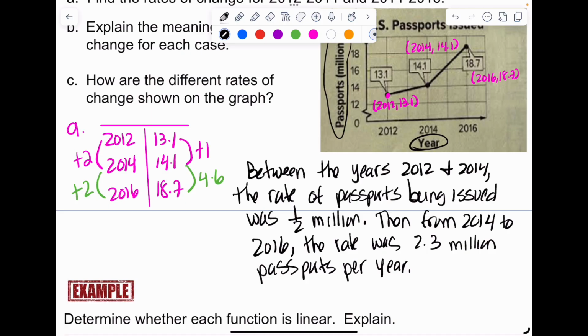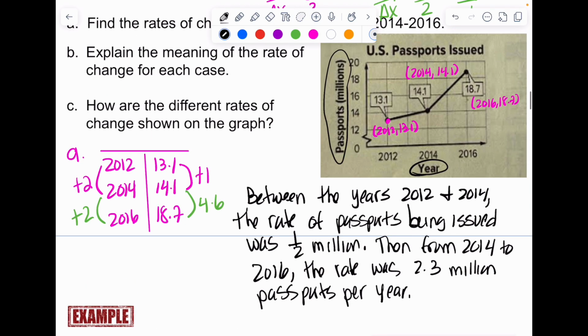Again, mine is not the only way to say it, but you just remember that these are rates. It doesn't mean that 500,000 were issued or 2.3 million were issued. That was the rate of change. That's how much more. So they were issuing way more passports between 2014 and 2016 than 2012 to 2014.